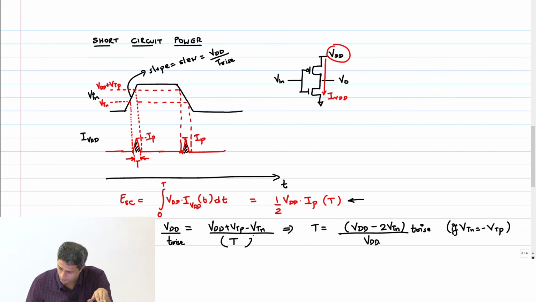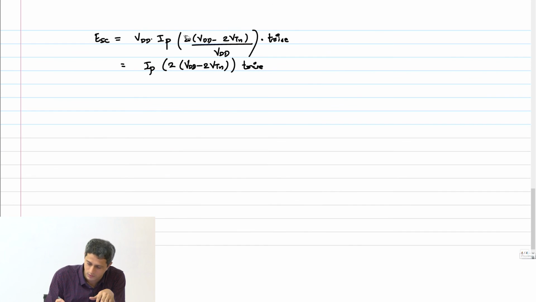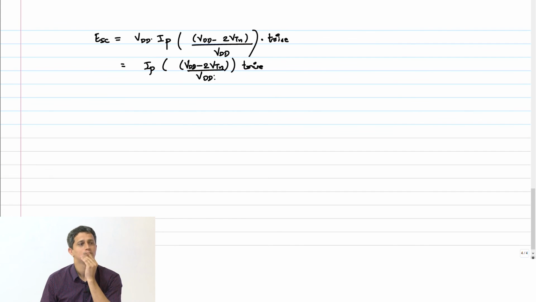This is not T by 2, correct. So the input is taking a time T to go up. Yeah, you're right, sorry, that's a mistake. So this will vanish. Okay, is that fine? Oh, VDD will get cancelled. VI into T, correct, yeah. Power into time is energy, yeah.